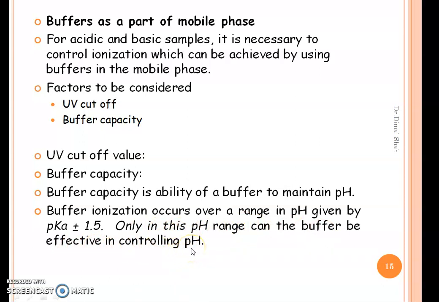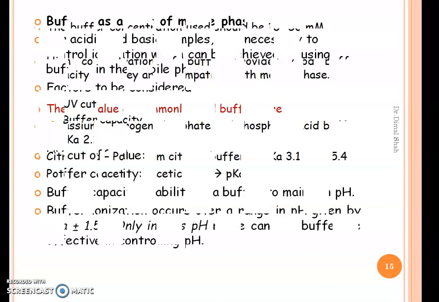That is called buffer capacity and buffer range. So within a particular range only, the buffer can act and maintain the pH. So it is necessary to select a buffer for the pH which is required for the mobile phase.